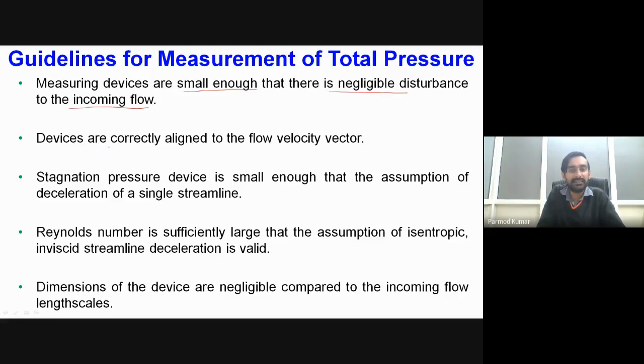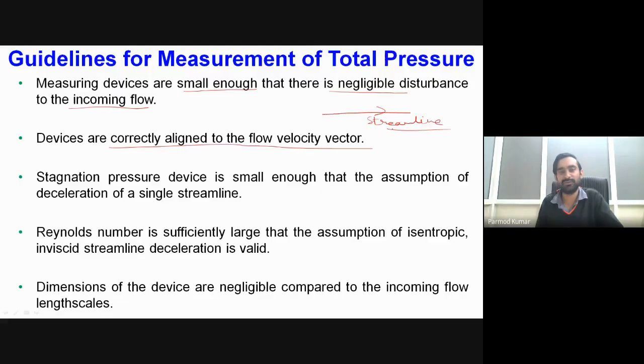Then, these devices should be correctly aligned to the velocity vector field. Because we have to measure the stagnation pressure along a streamline, our measurement device should be very much aligned to the streamline. What happens in turbulent flow?